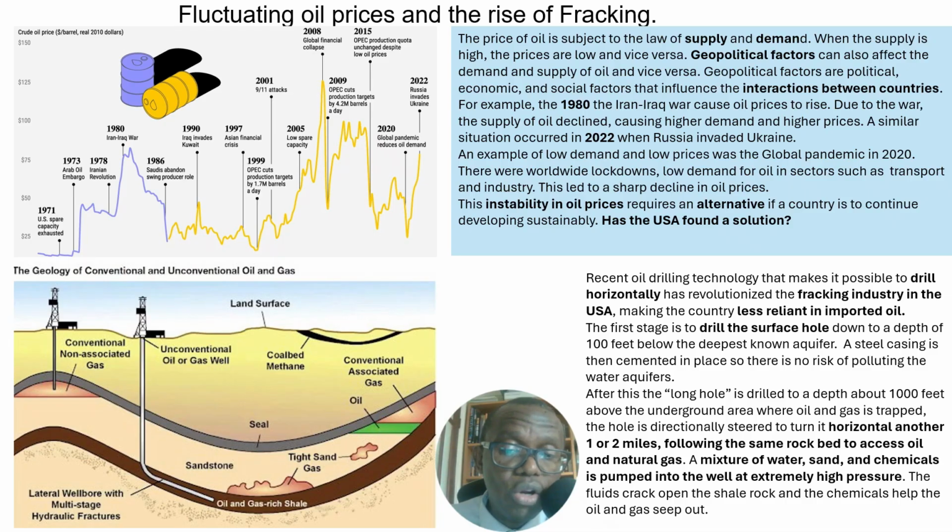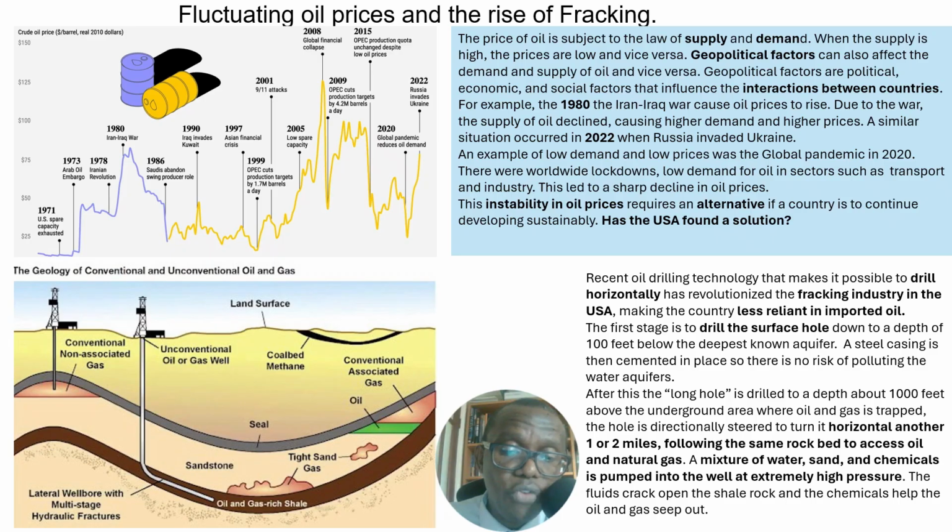After this, the long hole is drilled to a depth of around 1,000 meters above the underground area where the oil and gas is trapped. The hole is directionally steered to turn it horizontal another 1 or 2 miles, following the same rock bed to access the oil and the natural gas. So it's quite a complicated process.